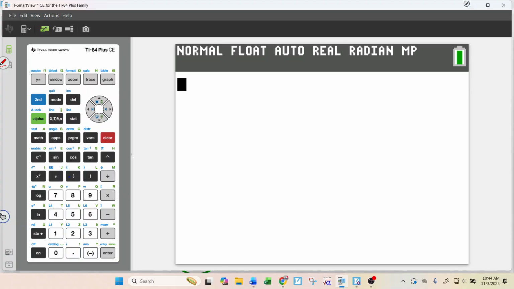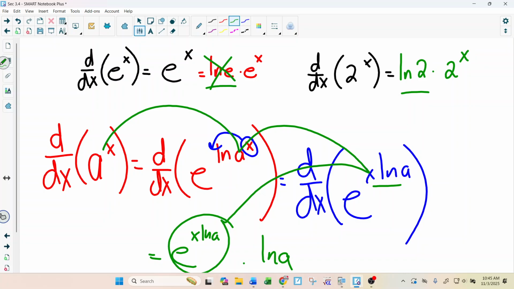Because of that, the natural log of e just goes away, and so the derivative of e to the x is just e to the x. But if it's 2 to the x, now my derivative of 2 to the x is the natural log of 2 times 2 to the x. You put the natural log of the base in front. The pattern holds for e, it's just that the natural log of e is 1, so it goes away, so we don't need it.